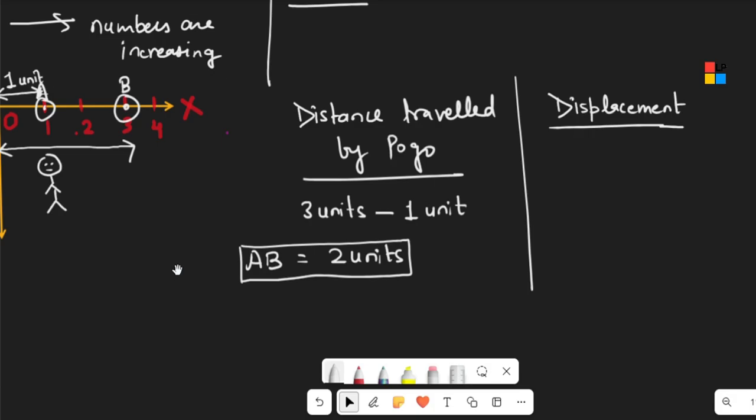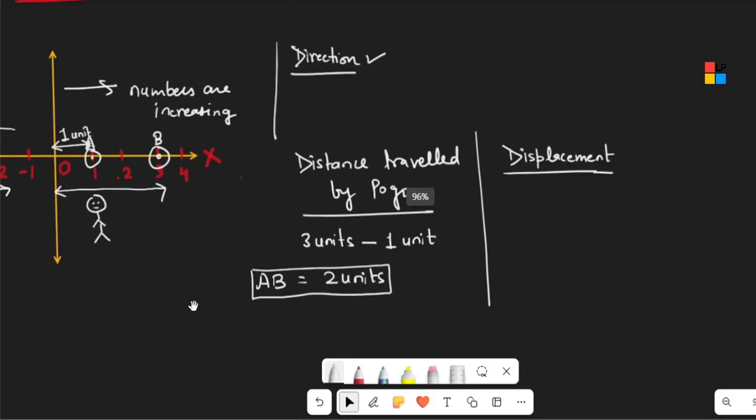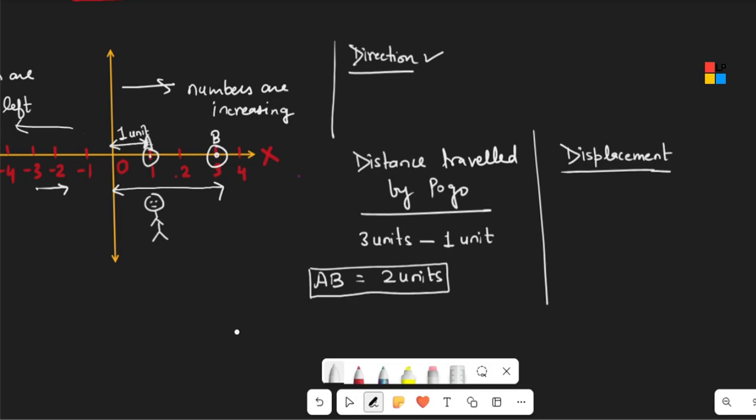It will be same as, because here Pogo is traveling in a straight line, going from A to B. So the displacement will be same, 3 units minus 1 unit, and it will come out to be 2 units, and we will write AB and there is a sign of vector.